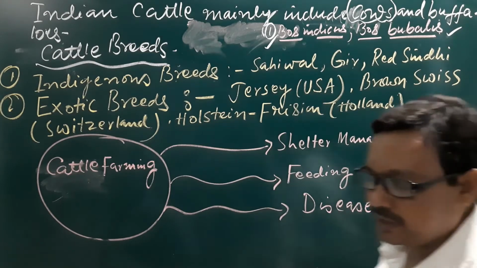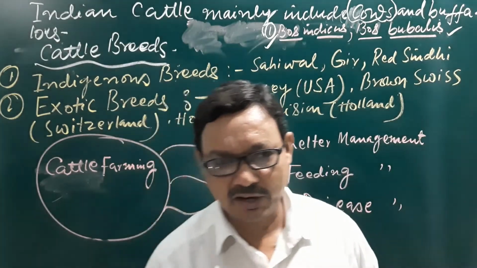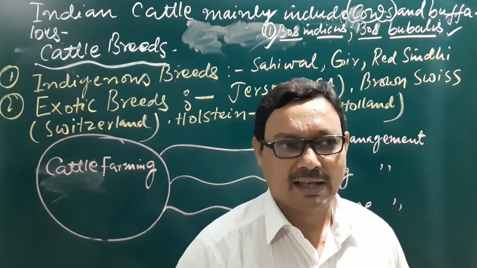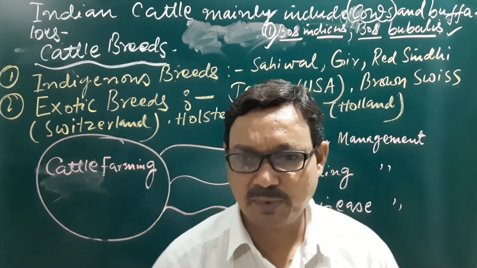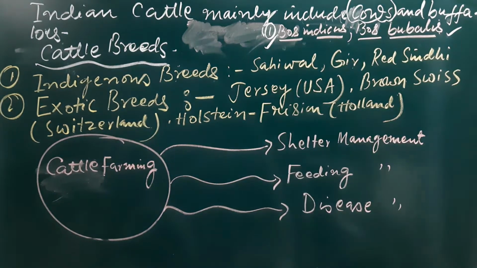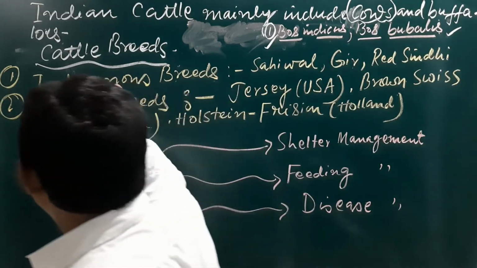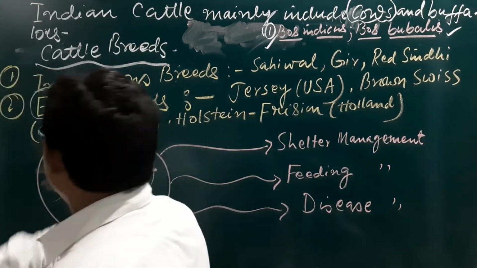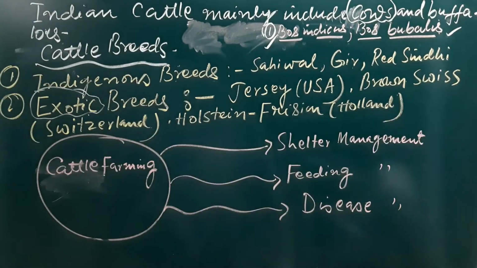In cattle farming we have two aspects: the Indian breeds are strong in disease resistance, and the exotic breeds are competent in the longer lactation period.